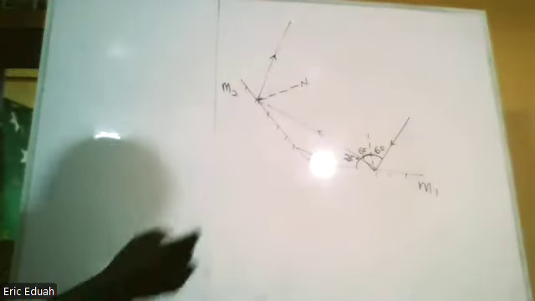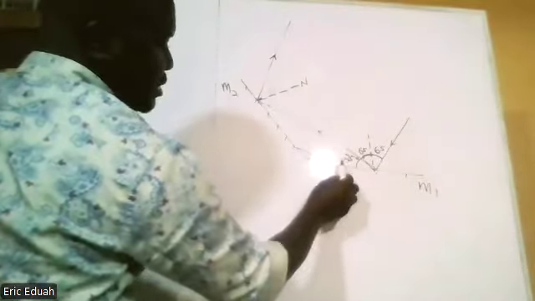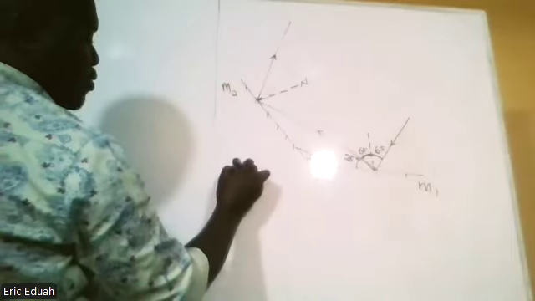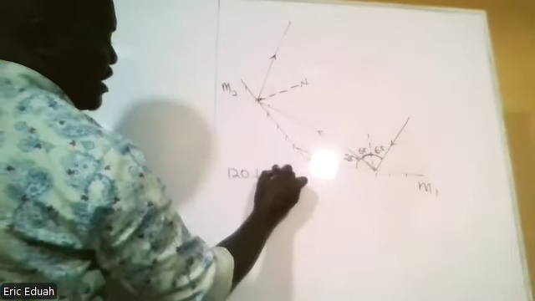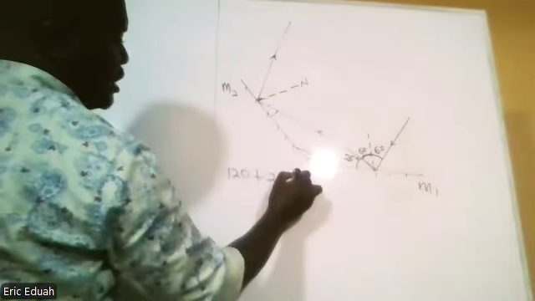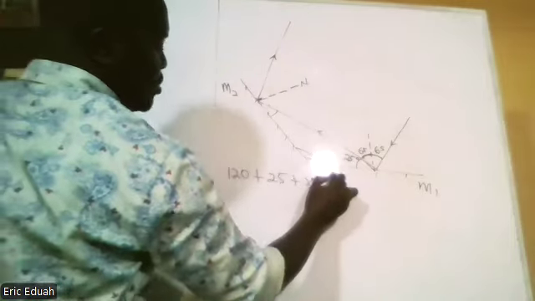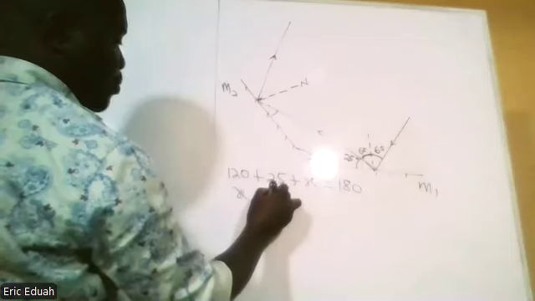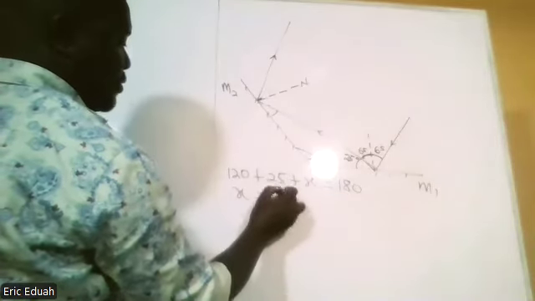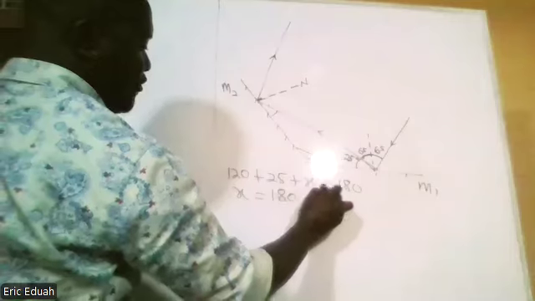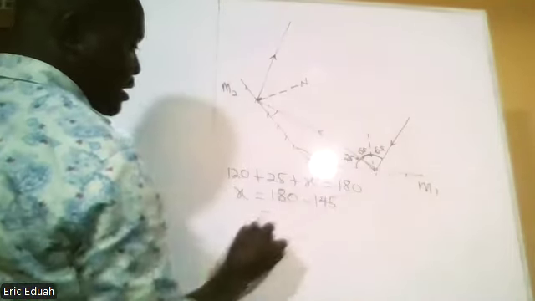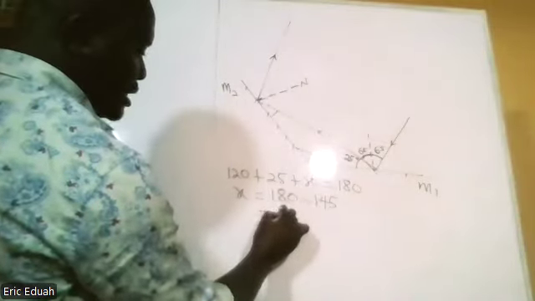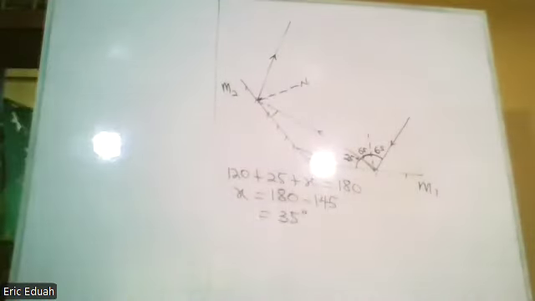Now, if this is 120 and this is 25, we have 120 plus 25 plus the unknown x equal to 180. Therefore, the unknown is equal to 180 minus 145, which is 35 degrees.